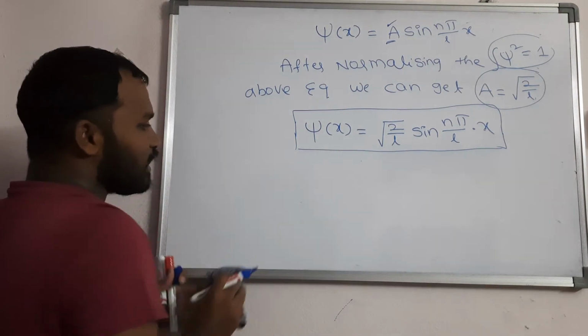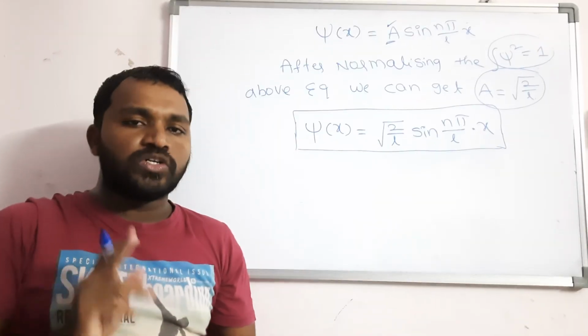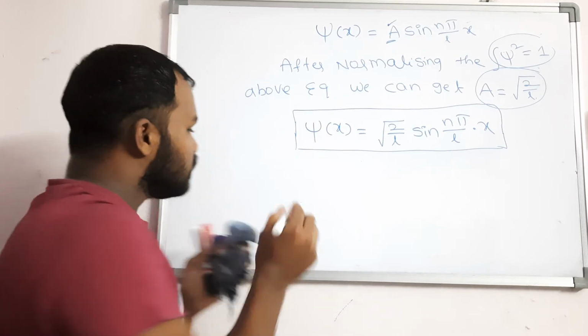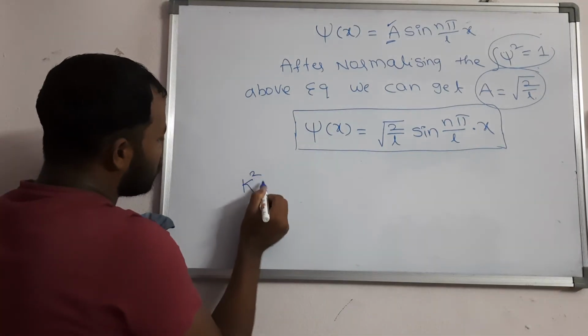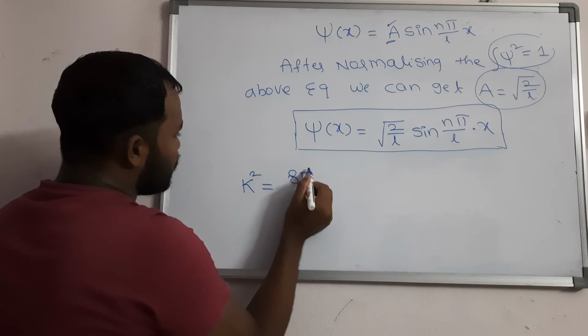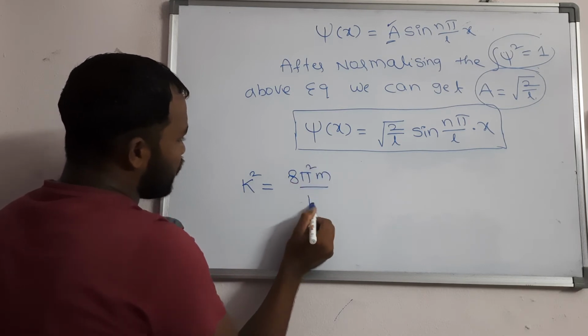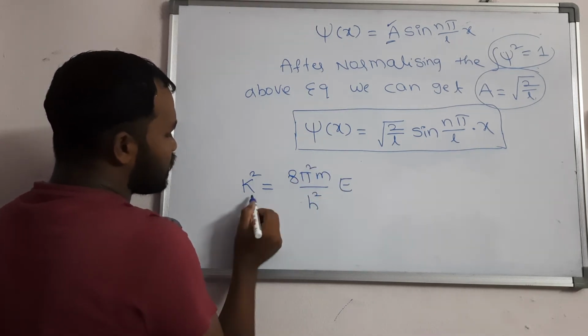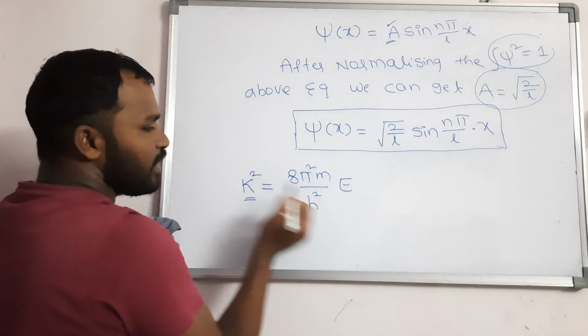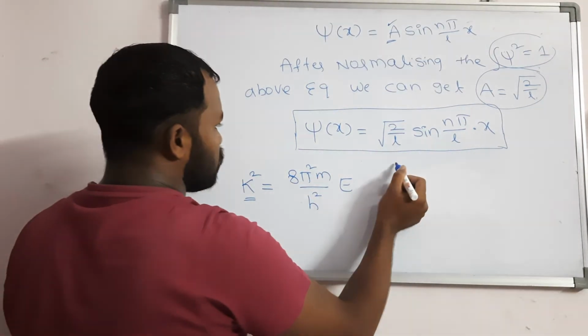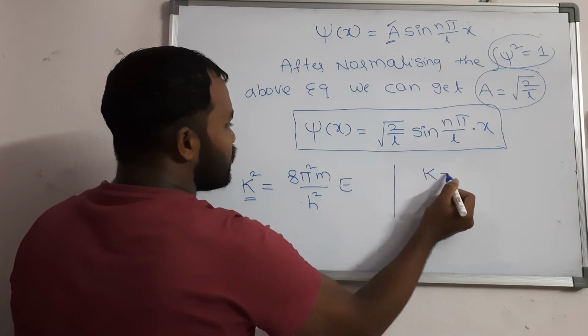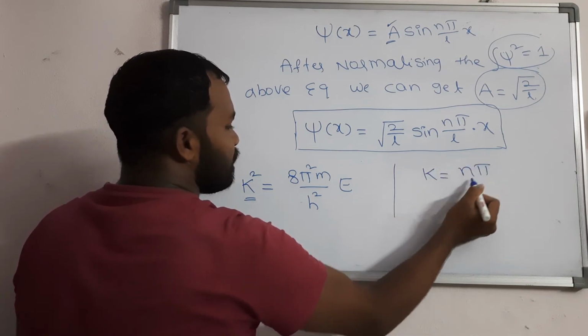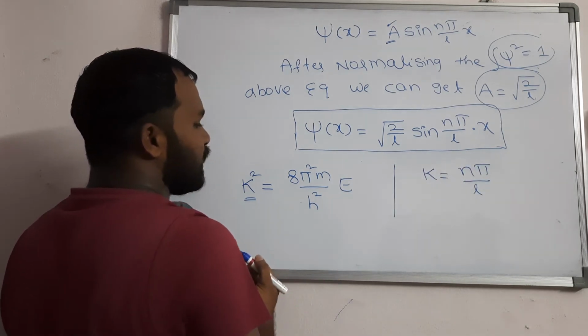Right. So what is the k square value I initially took? K square is equal to 8 pi square m by h square into e. And you got the k value as n pi by l, right? K value is n pi by l.